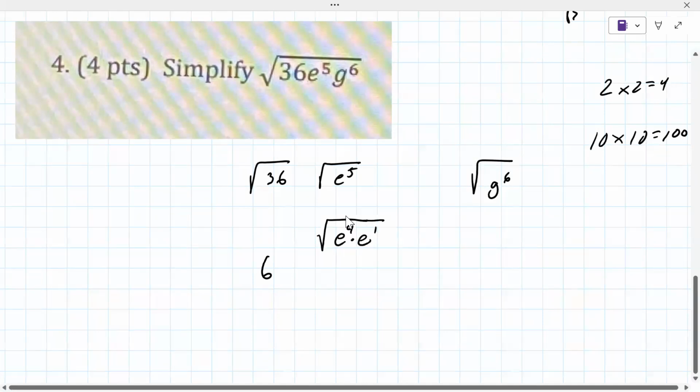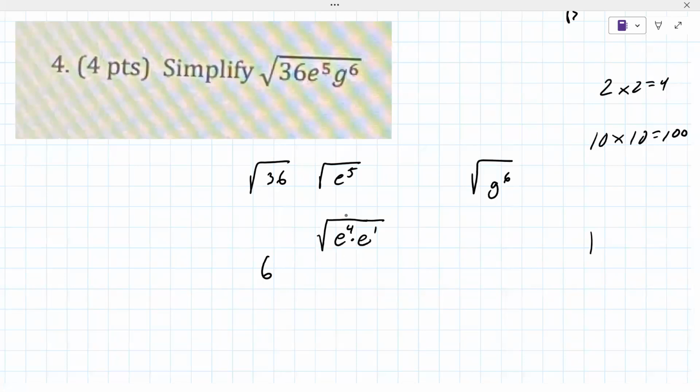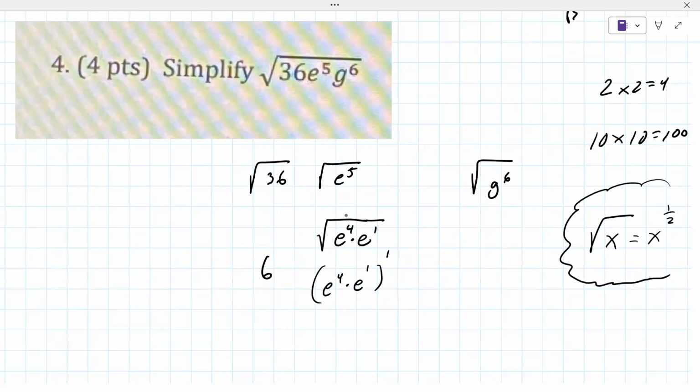All right. Now, you remember from the previous problem what the square root is in terms of an exponent? It's x to what power when it's the square root? 1/2. So this becomes e to the 4th times e to the 1 to the 1/2 power.